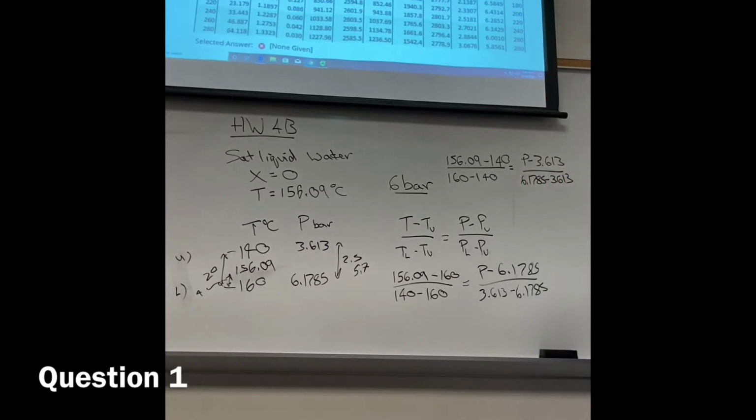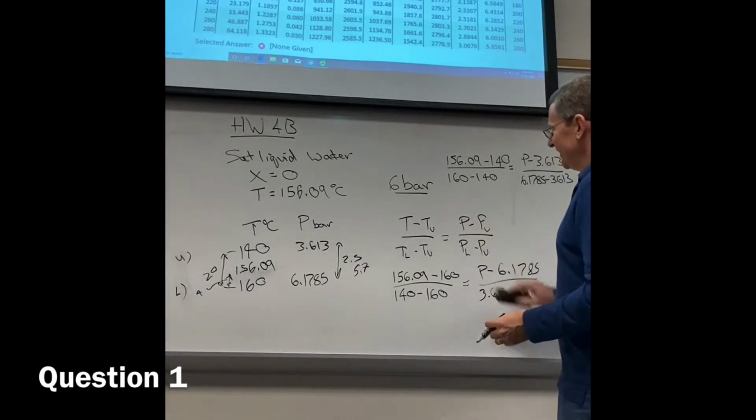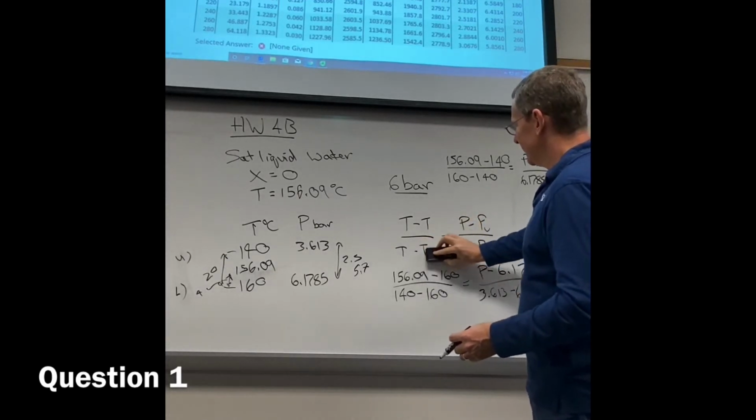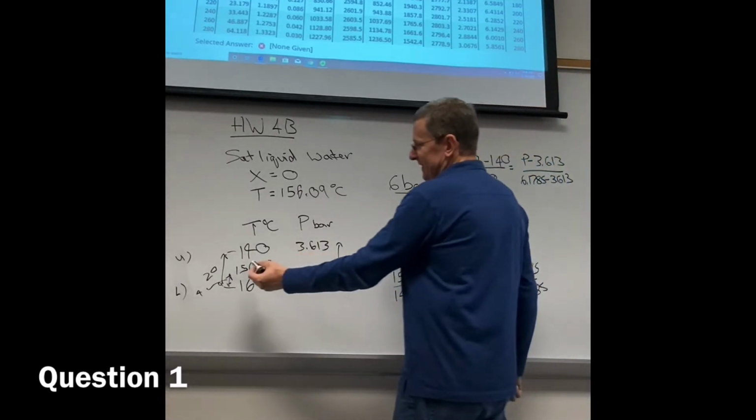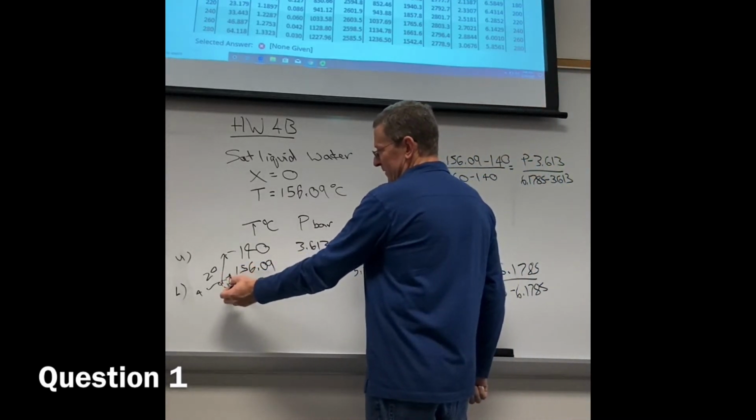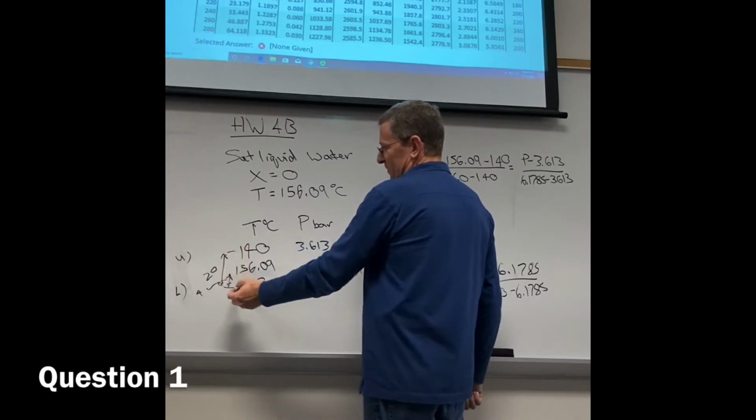And I should get the exact same answer in either case. So you have to decide which way you want to do it. I tend to do it the other way, so I just systematically take my value minus this one divided by this one minus this one.